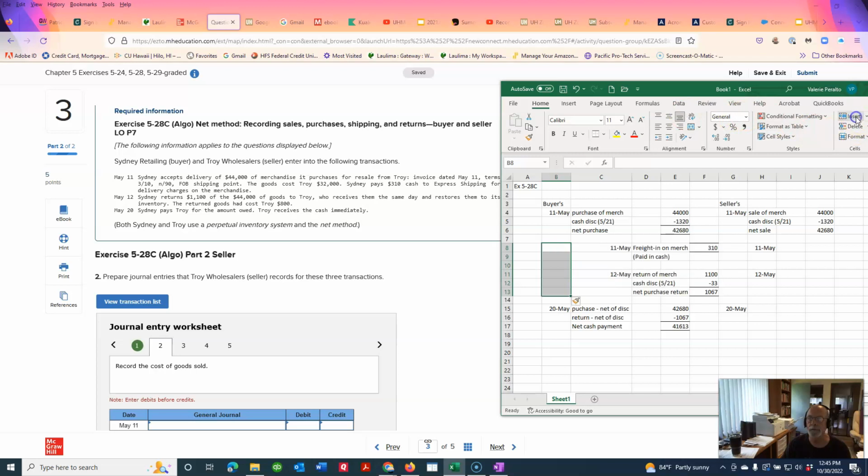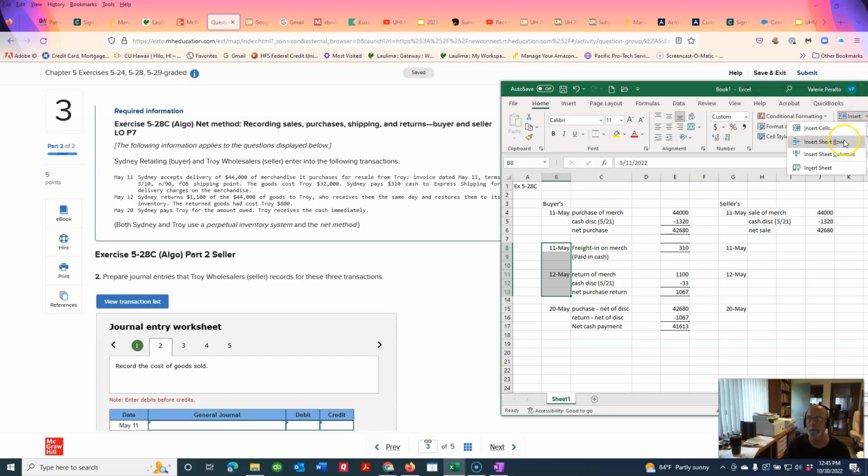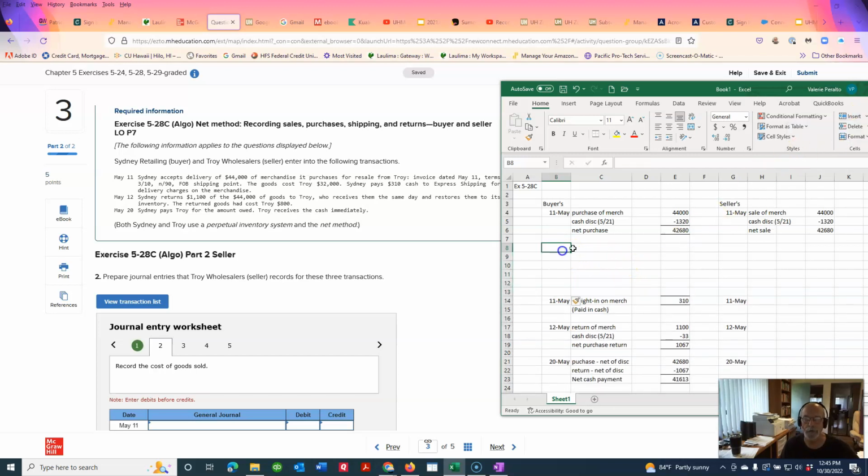And so we want to insert rows and use the same date here for the seller. And on the seller's books, we want to record the cost of the sale, which was $32,000.